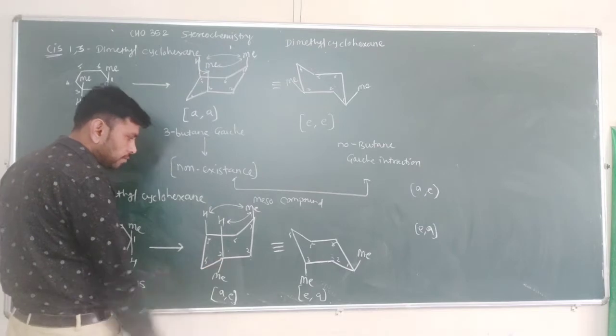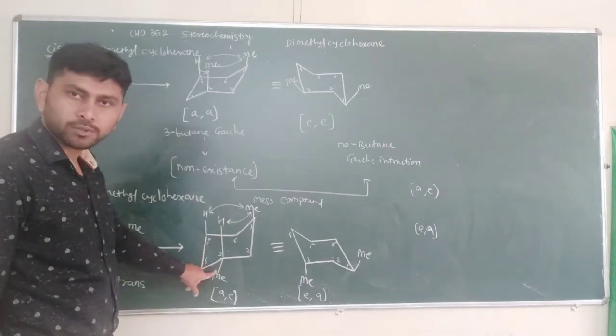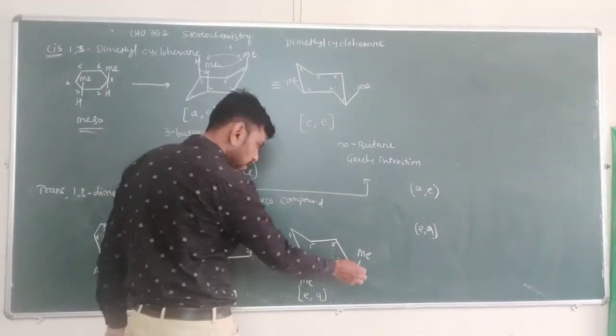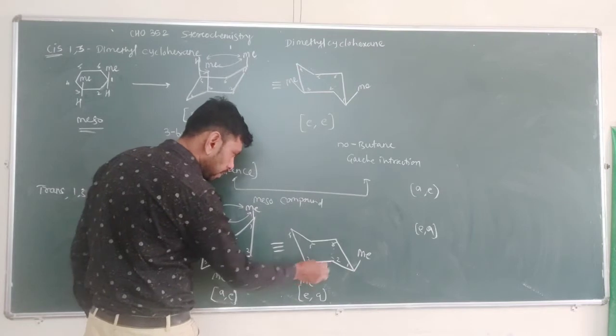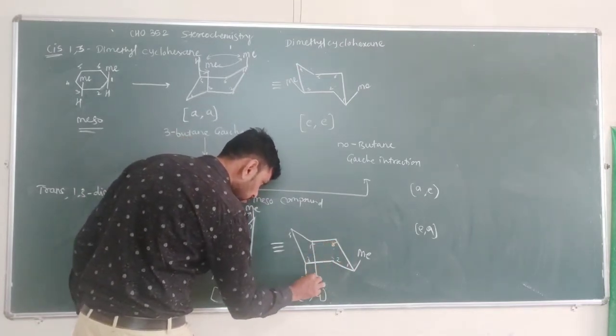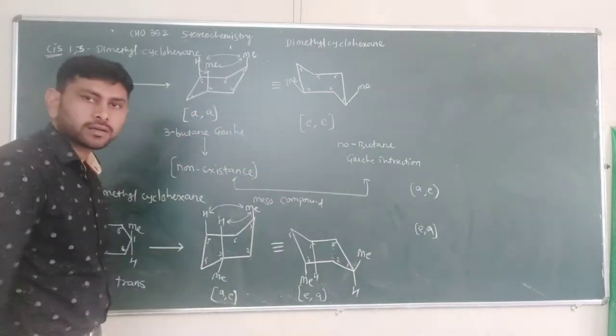This other methyl is in the equatorial position, so no butane gauche interaction in this case. Here this axial methyl contains 2 butane gauche interactions, one with this hydrogen and another with this axial hydrogen.